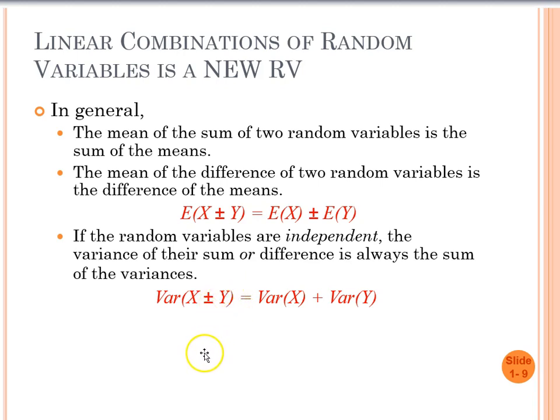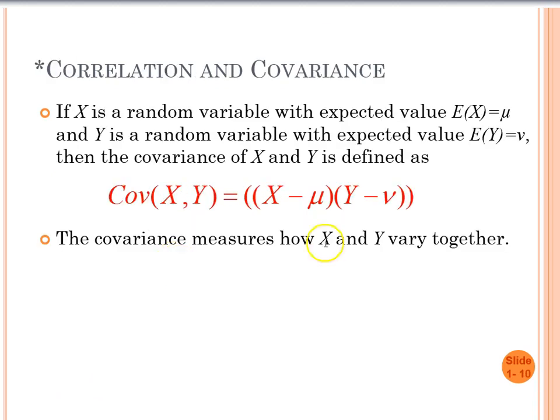That's a pretty strong assumption, but we're going to use that assumption for our problems because dealing with dependence is a lot more complicated. The way that you deal with dependence is through the covariance operator, and it looks like this, and it deals with the fact that those two variables may be related.